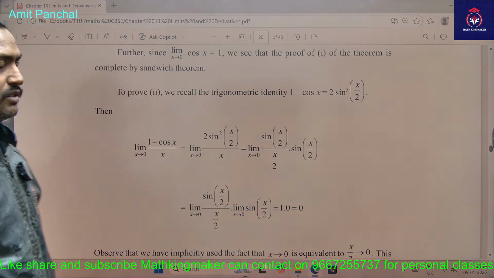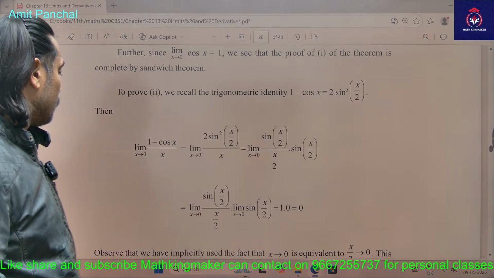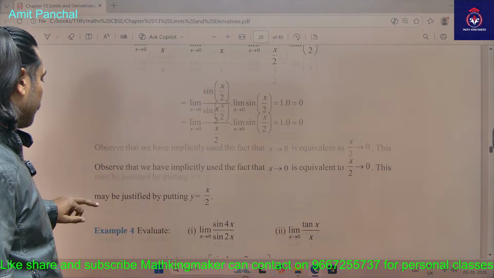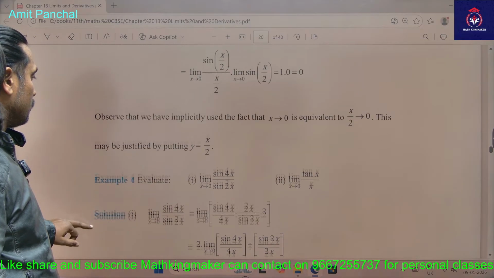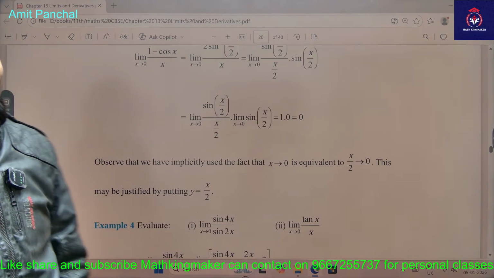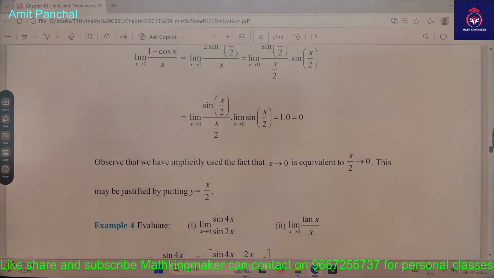So we have used the first formula. Got it? Okay, now these questions you need to do by using this single formula, limit x tending to 0 of sin x by x equal to 1. You can use that one.